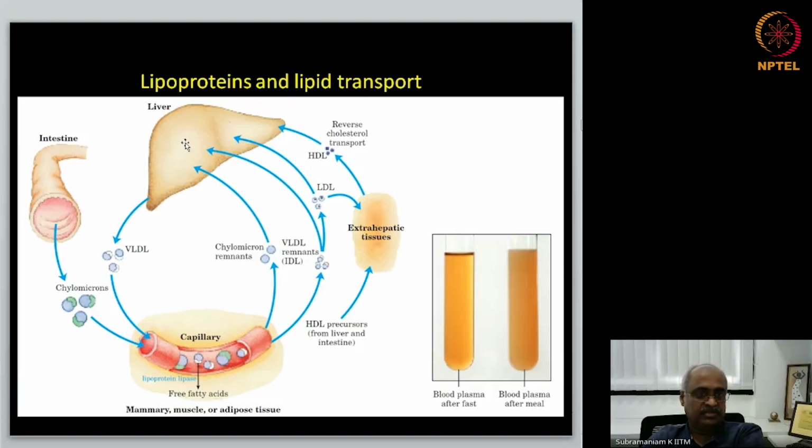Another route is the excess carbohydrate or other ways by which acetyl groups are produced, and that's not required by other cells. They would be used to make triacylglycerols as well as cholesterol in liver.